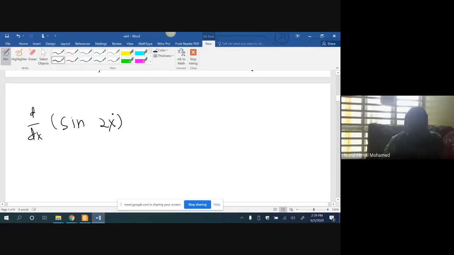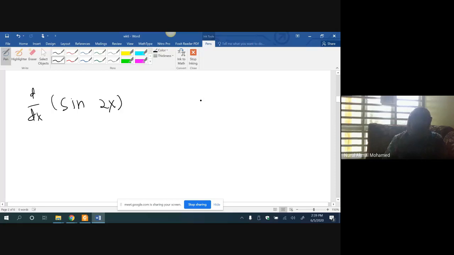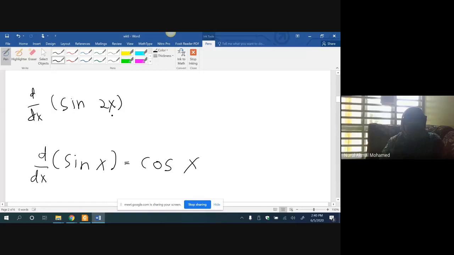You already know the derivative of sine x. You know that d/dx of sine x is equal to cos x. So this is well known. But let's say you don't know the derivative of sine 2x. In this case, you have to represent 2x as a new variable.